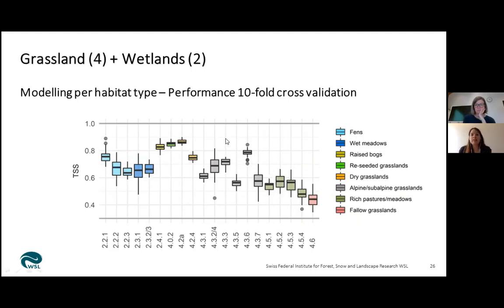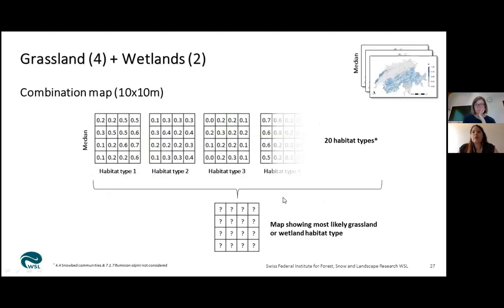Lowest performance had the fallow grassland, and also the rich patches and meadows were more towards the bottom end of the performance. So this was all about the modeling of grassland types at the 3rd level, so individually.